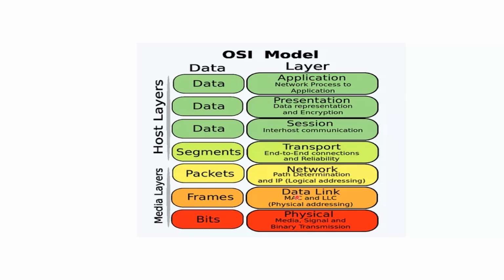At the data link layer, data is converted into frames. At the network layer, data is converted into packets. At the transport layer, it is converted into segments. And at the session layer, it is sent as data. The lower 3 layers are known as media layers and the upper layers are known as host layers.